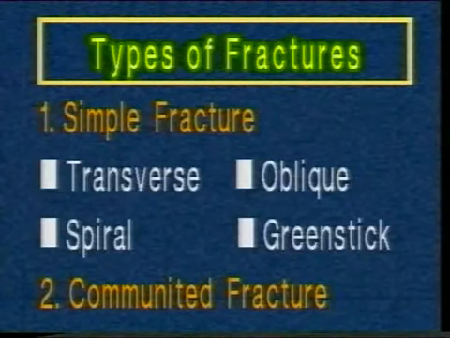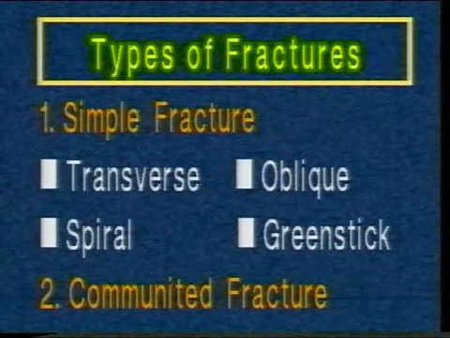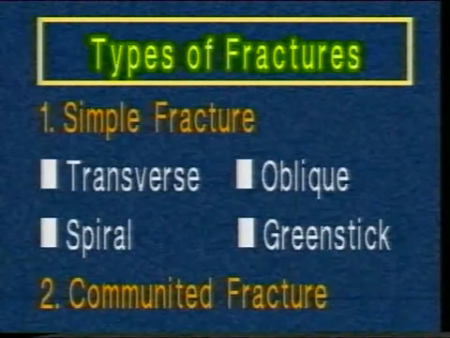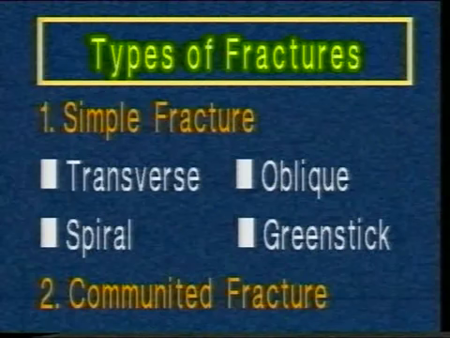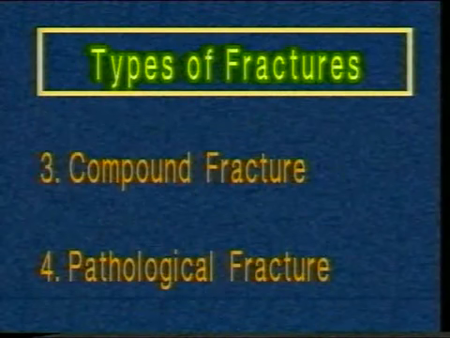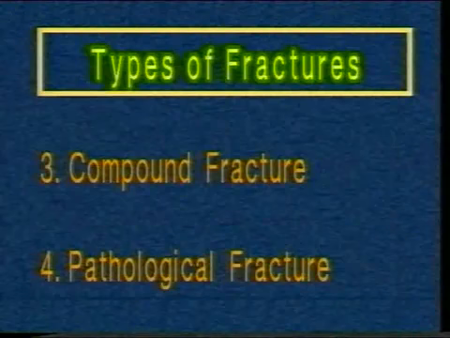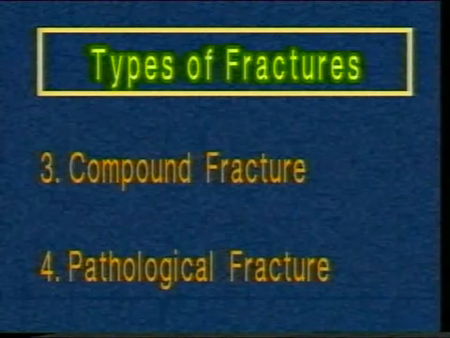A simple fracture may be transverse, oblique or spiral, and in children, only one side of the cortex may be fractured, like the green stem of a plant, termed as a green stick fracture. If a fracture hematoma communicates to the outside through an open wound, it is termed as a compound fracture. And if a fracture occurs in a diseased bone, it is termed as a pathological fracture.